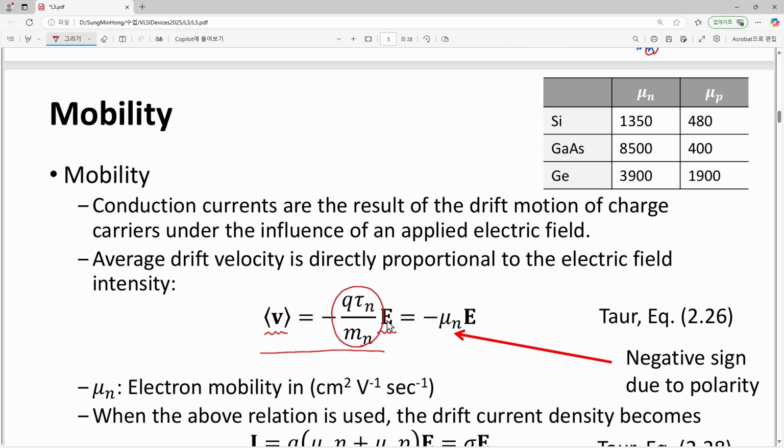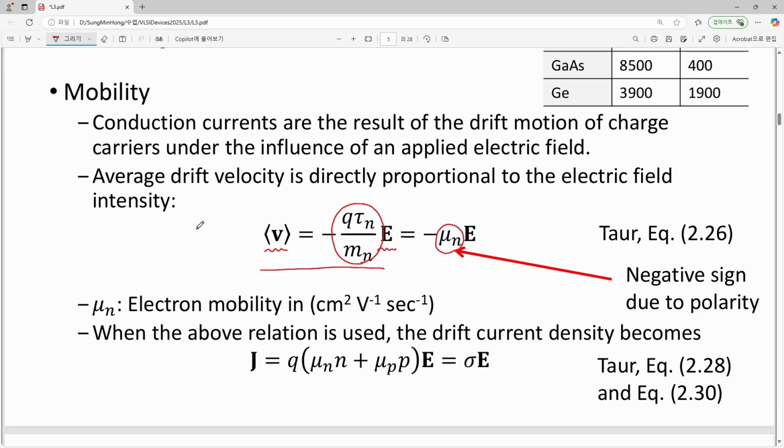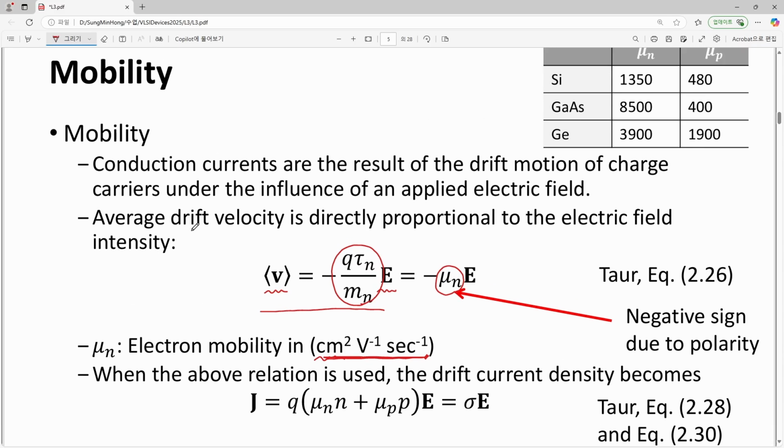If we consider electrons, then this is electron mobility, and of course if we consider holes, then we have hole mobility. Okay, mobility has the unit of square centimeter per volt second. Please try to remember this unit system because it is important to know the value.